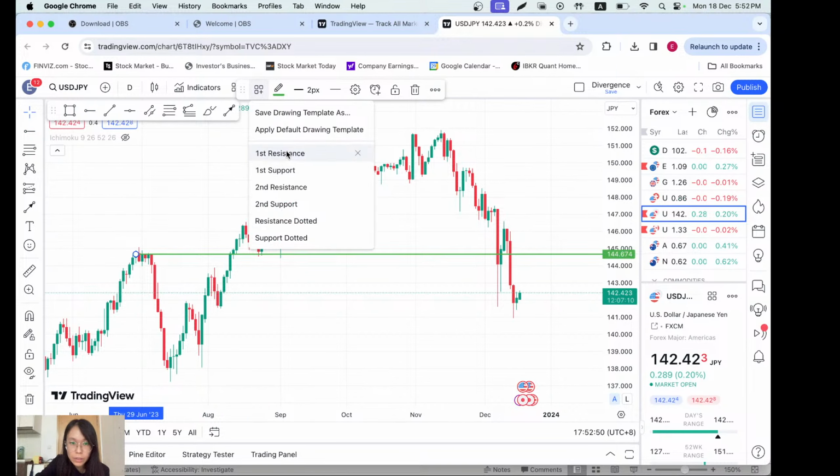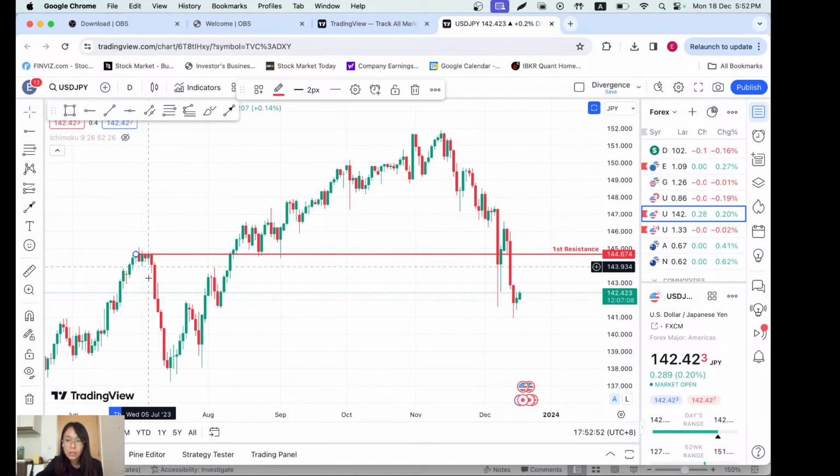Our first resistance and overlap level is a very nice significant level where the price bounced. It got stopped by this level here, pulled back, managed to break through, and then bounced off this level to a new high here, and broke the level again.